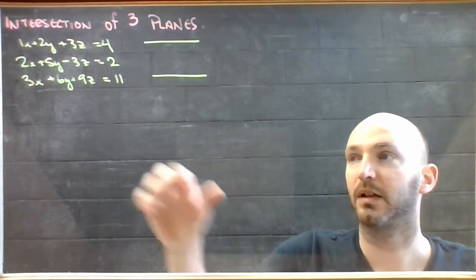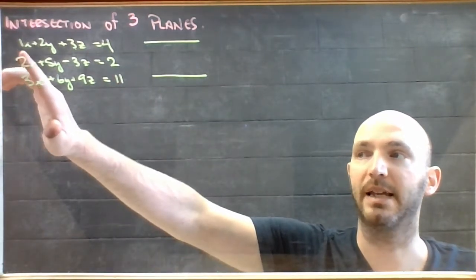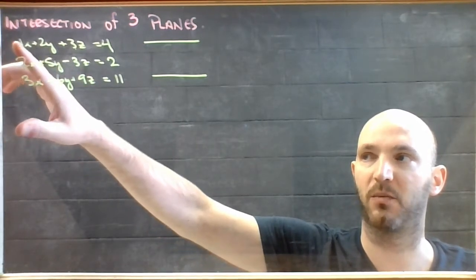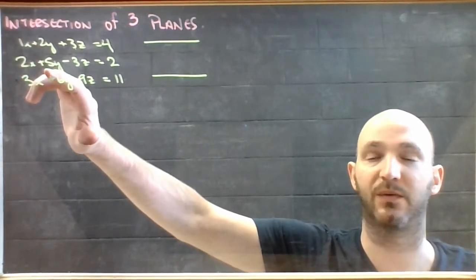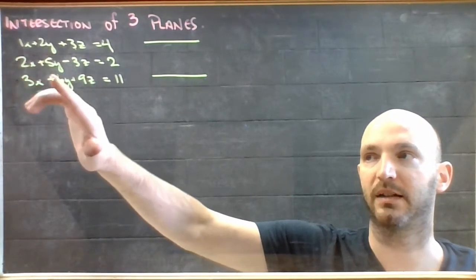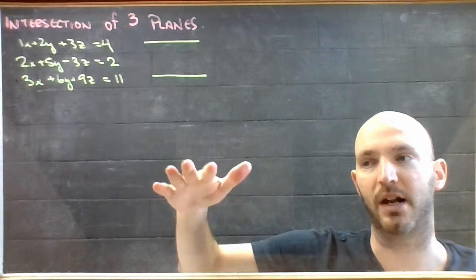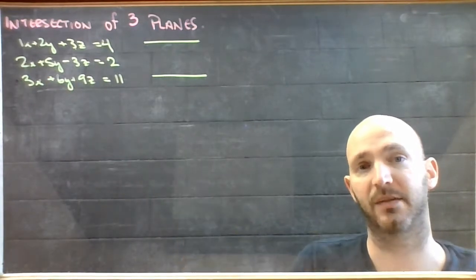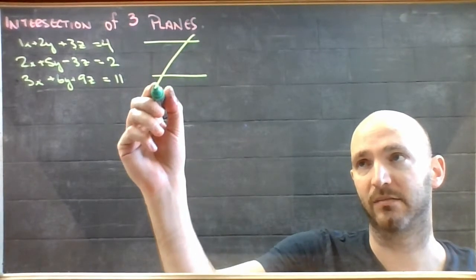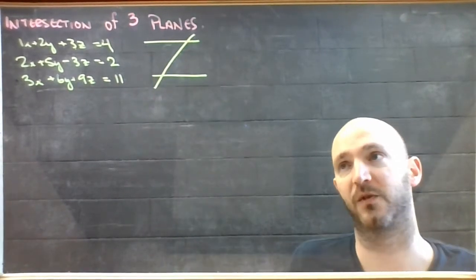This one here, I can't make this from this equation, right? Like double 1 would get 2, double 2 would give you 4, not 5, so that didn't work. So this one is not parallel to the other two, so it's going to cross something like this. Again, looking at it from the side.